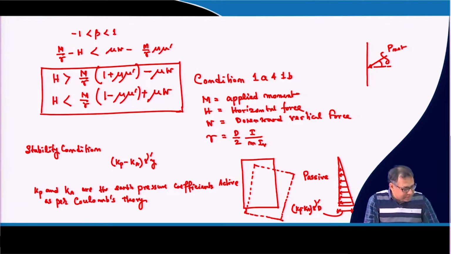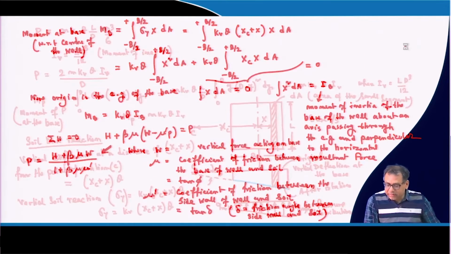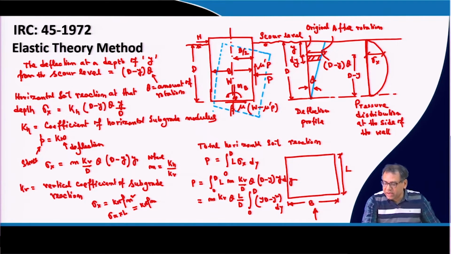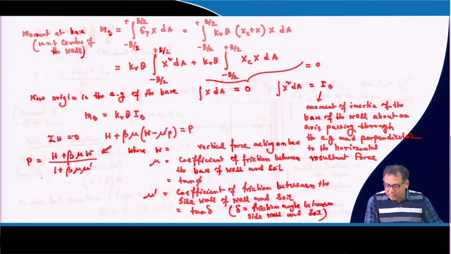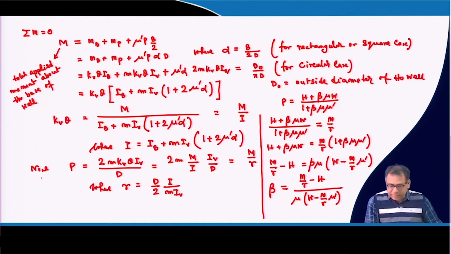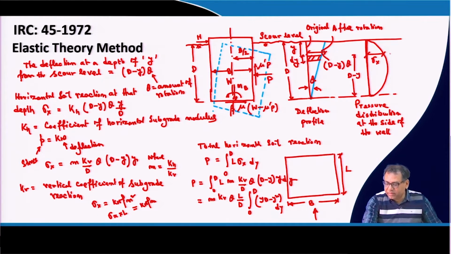So, for the stability condition, we have already drawn the pressure distribution diagram, that is sigma x, and the sigma x expression is given. Sigma x is in kilonewton per meter square. This sigma x that is acting should not be greater than the net pressure.